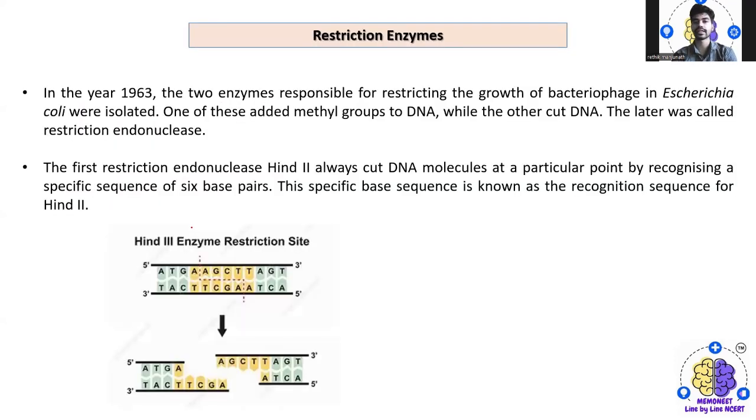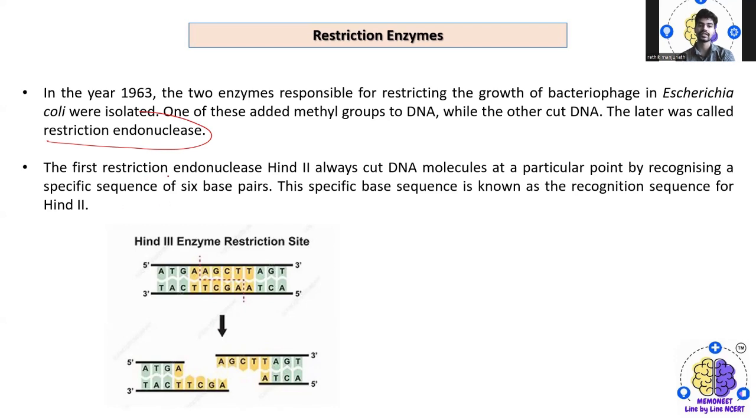So we will now look at what a restriction enzyme is. In the year 1963, two enzymes responsible for restricting the growth of certain bacteriophages in E. coli were isolated. One of these added a methyl group to the DNA, while the other cut the DNA. The latter, which cuts the DNA, we normally call restriction endonuclease.